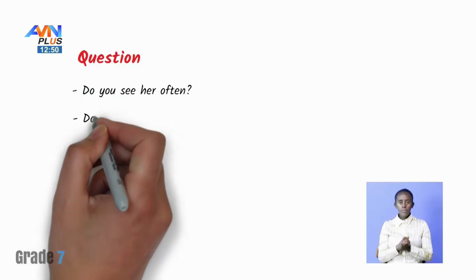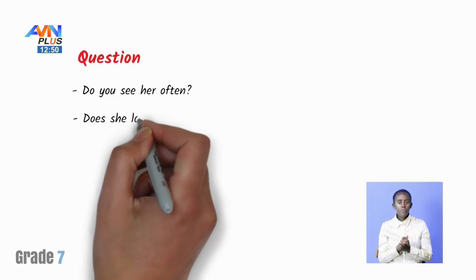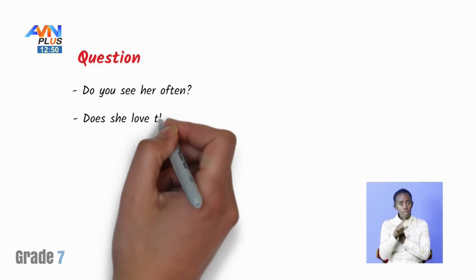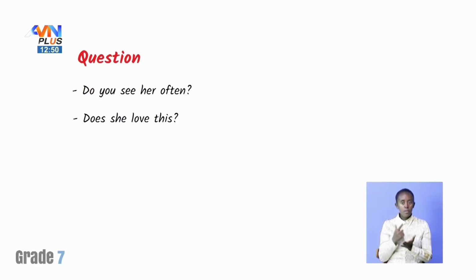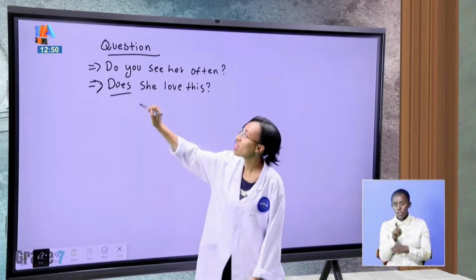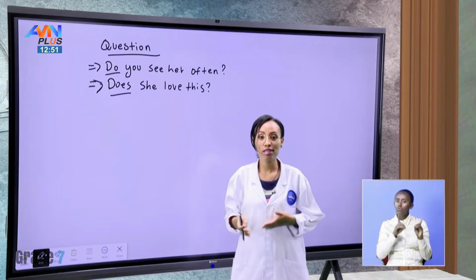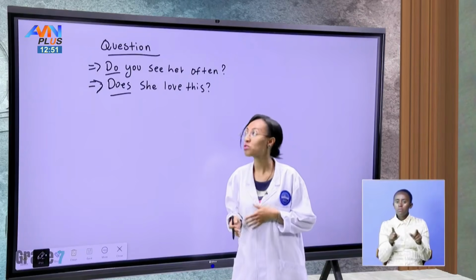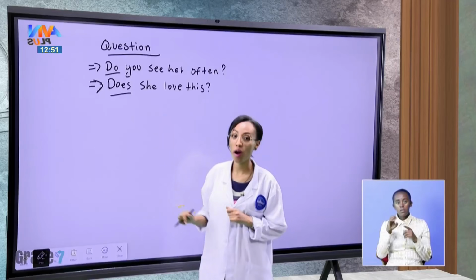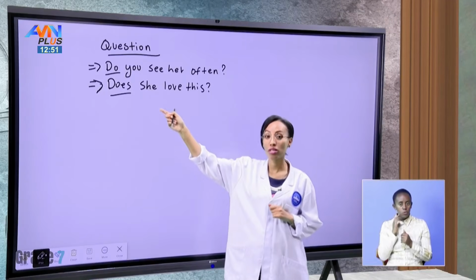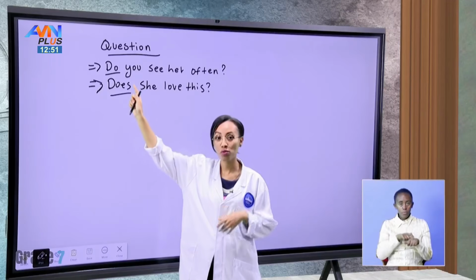Does she love this? So again, we are showing a question. And from the first and the second, what is the difference? In the first case, we only used do. In the second case, we used does. Why? Because our subject is she. In the first case, our subject was you.